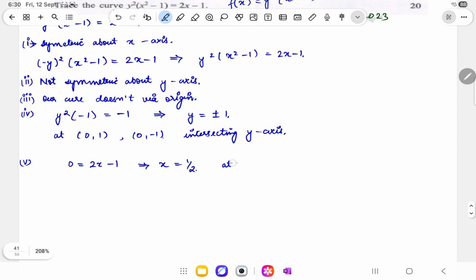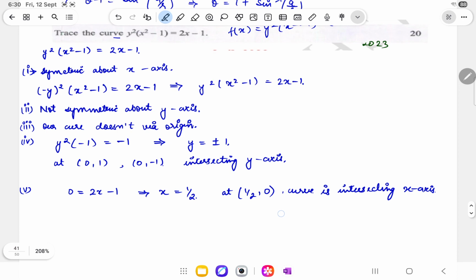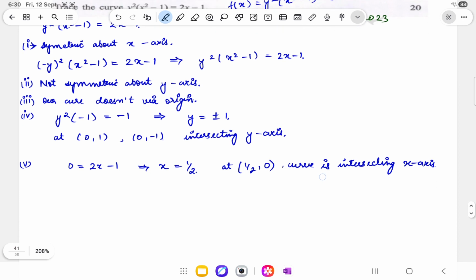So at (1 by 2, 0) the curve is intersecting x-axis. Now let us check the asymptotes of the given curve parallel to the y-axis and x-axis.